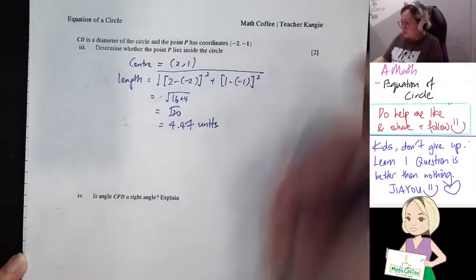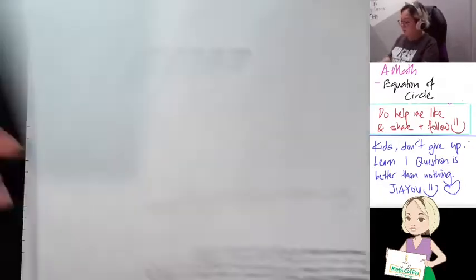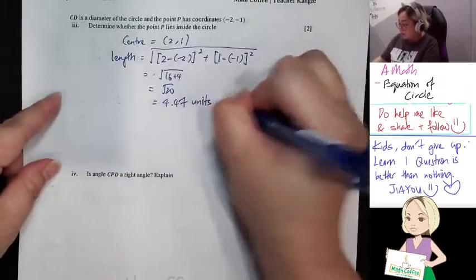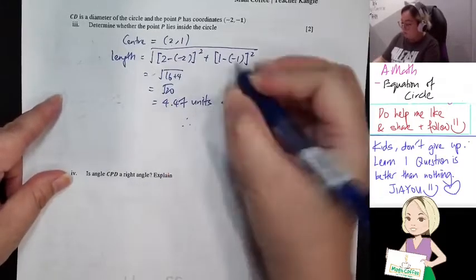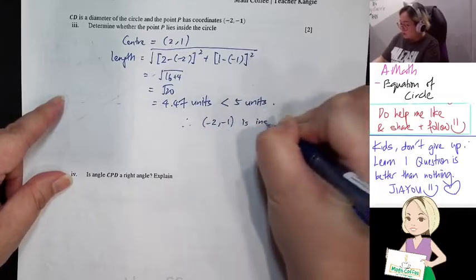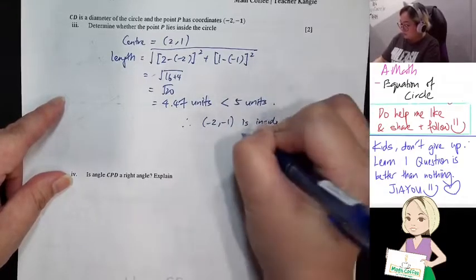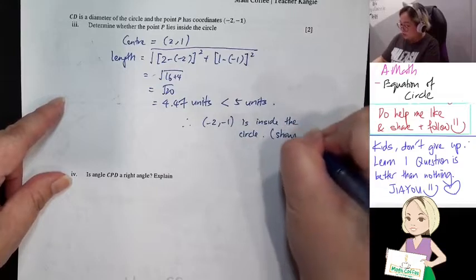And the circle radius, we already found, was 5 units. So this is less than 5 units. Then you will say, therefore, (-2, -1) is inside the circle. Shown. You're supposed to determine, so you just write shown.